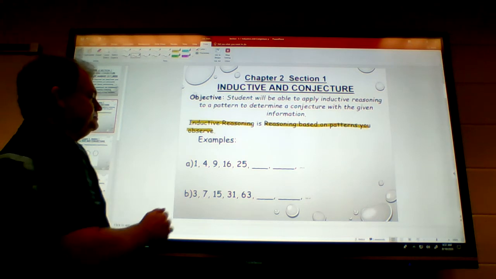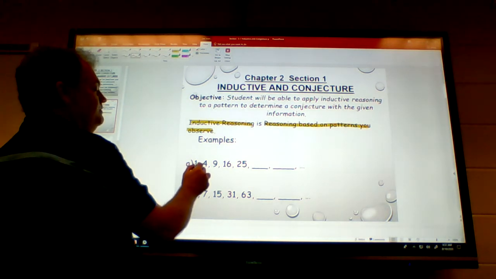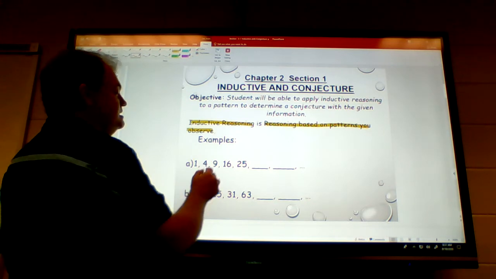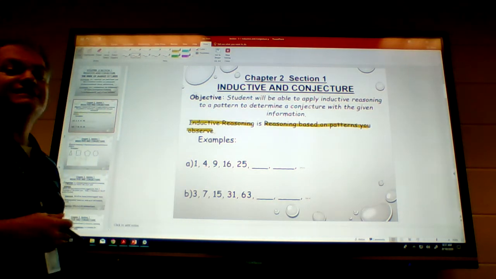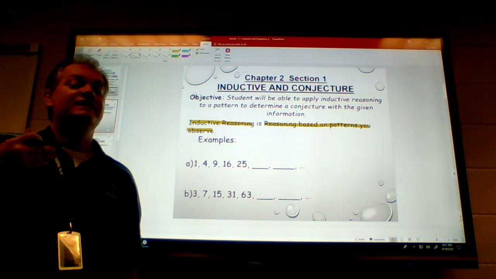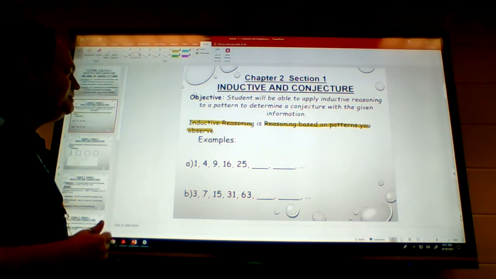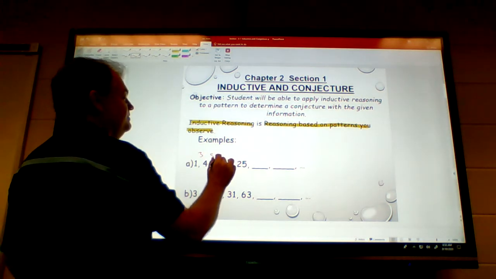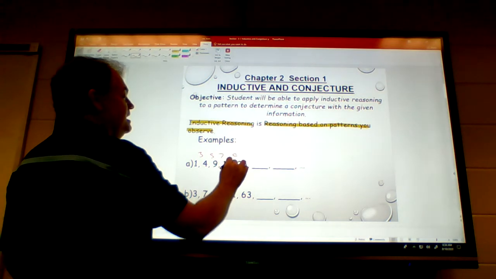If you look, 1 to 4, 4 to 9, 9 to 16, 16 to 25. You'll notice that it's not increasing by a specific number each time, but the number that it increases changes. But look at the pattern. It increases by 3. This increases by 5, by 7, by 9.